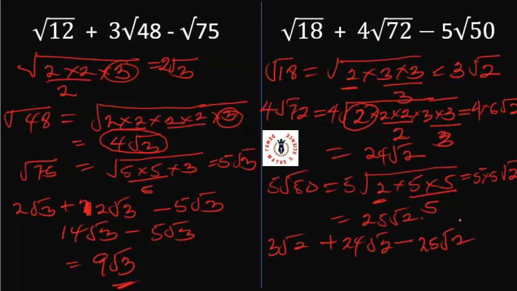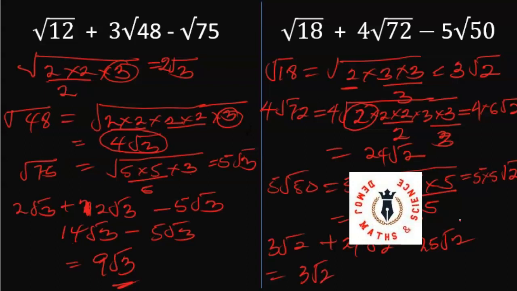So this is the same thing as 3 root 2 plus 24 root 2 minus 25 root 2. That's minus 1 root 2. That's 3 root 2 minus 1 root 2, that's 3 root 2 minus root 2, that's equal to 2 root 2.